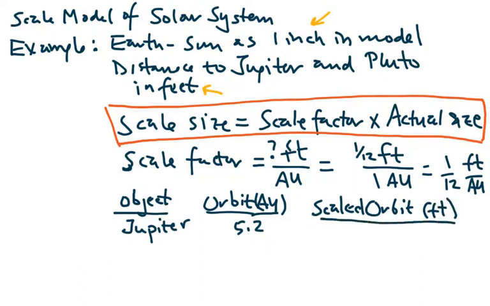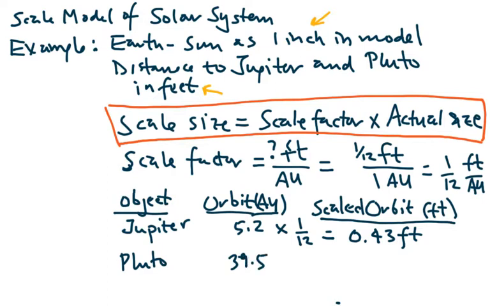Okay, so to do that, we take 5.2 and we multiply it by our scale factor of 1/12, and that gives us, you can check on your calculator, 0.43 feet.